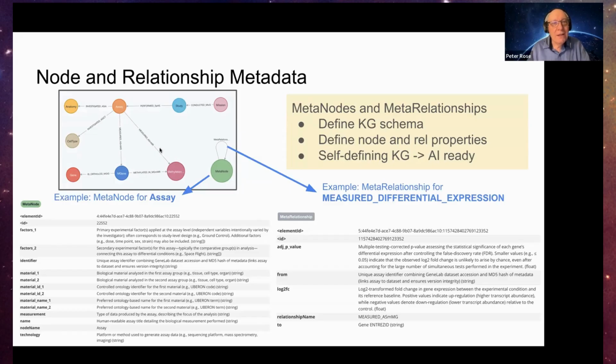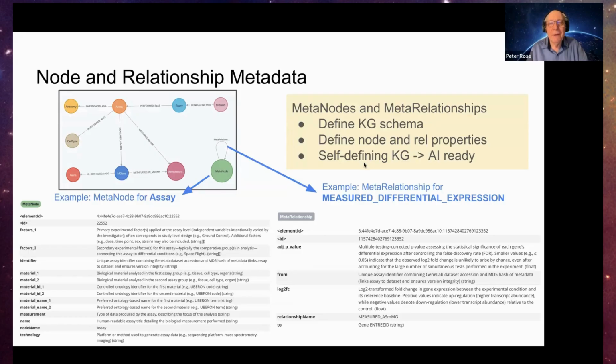Then we have edges or relationships. And for example, the measure differential expression relationship also has properties like an adjusted p-value and a log2fc variable or measurement. So here we have a description of what those are. So basically the metadata, first of all, define the schema. They define the node and relationship properties.